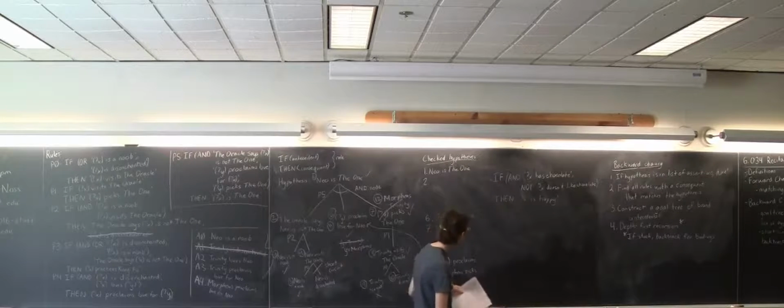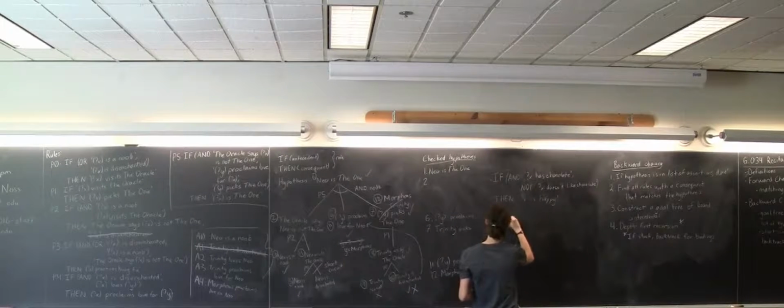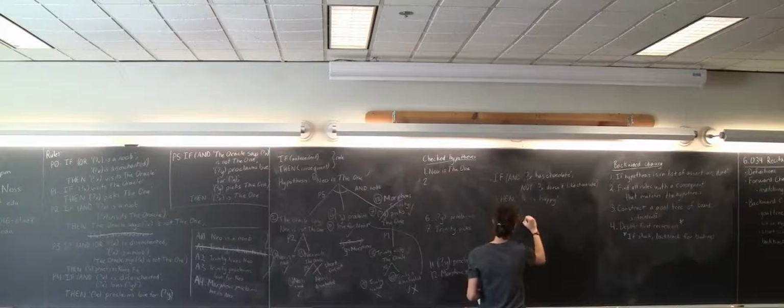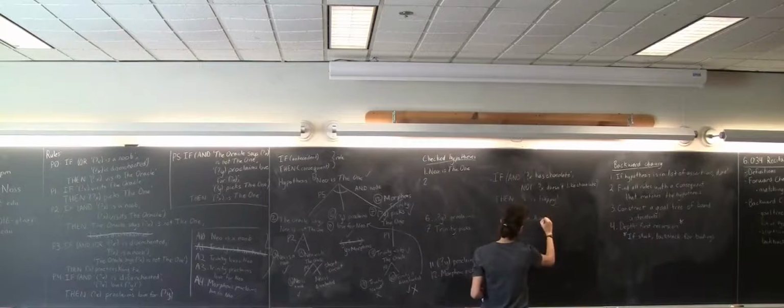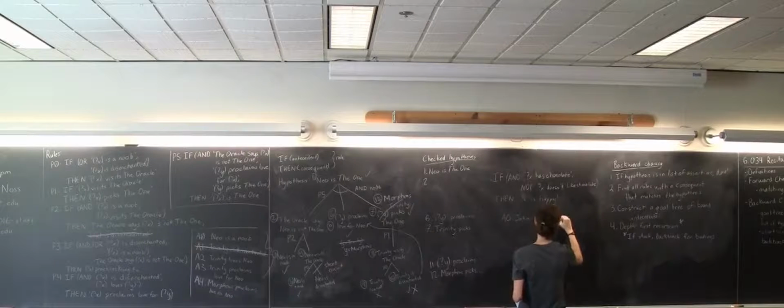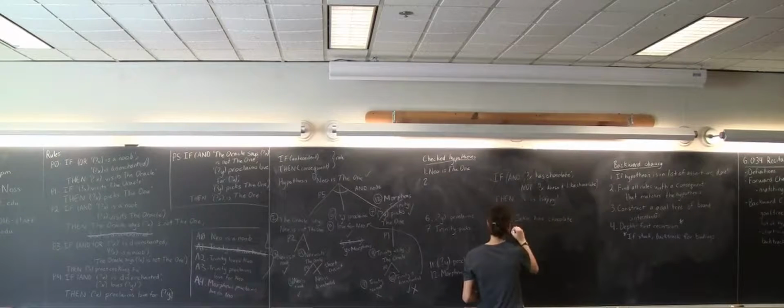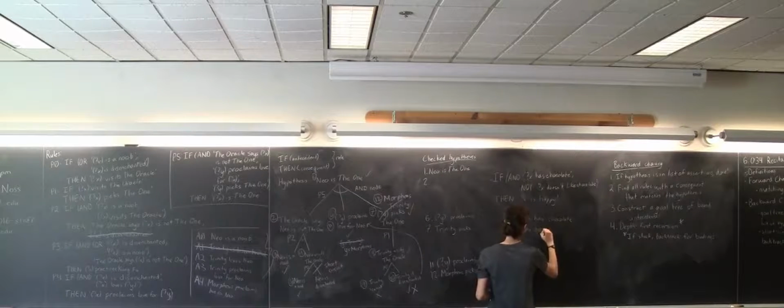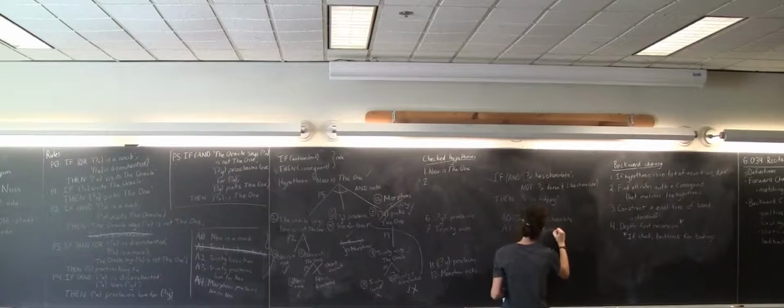Let's say we have the assertion A0, John has chocolate. And A1, John despises chocolate.